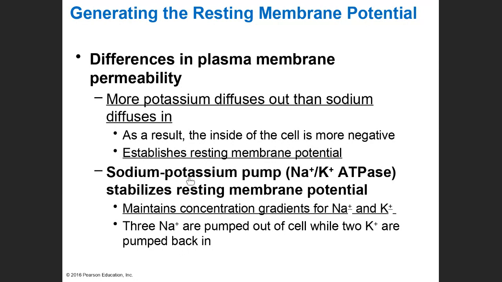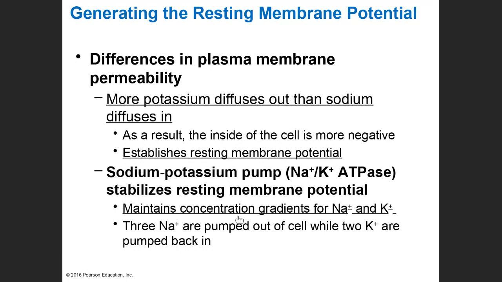Okay, so there's a subtle difference there. All right, so sodium-potassium pump is really important in maintaining, stabilizing that resting state. Once that resting state has been reached, due to the activity of the voltage-gated potassium channel and the potassium leak channels. Okay, I hope you all see that subtle difference there.